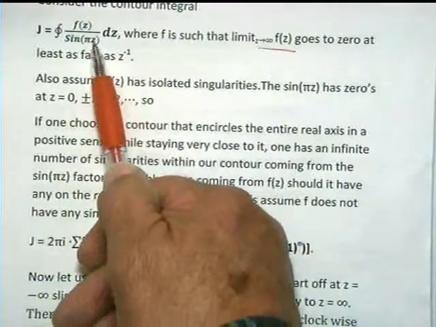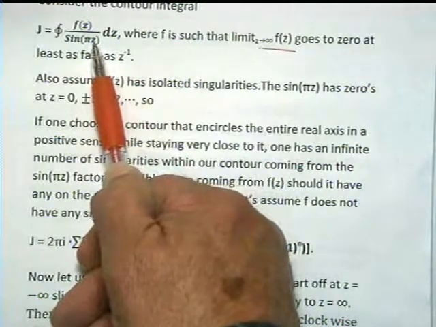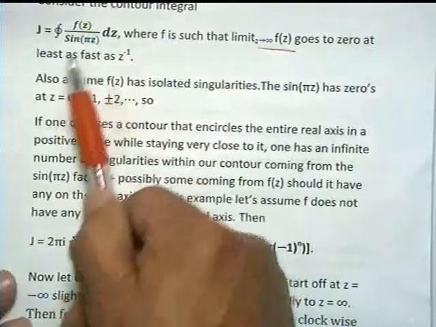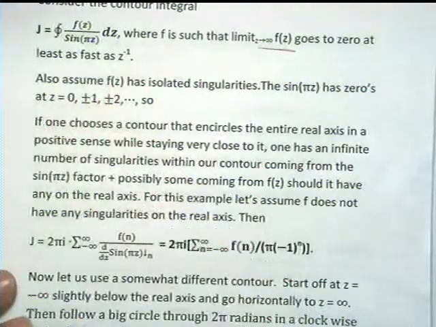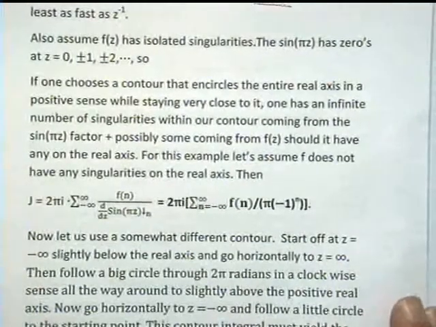Now, we know from looking at the sine of pi z its zeros. Anytime z is an integer, I have the sine of 1 pi, 2 pi, 3 pi, or 0, or minus 1 pi. So at every integer value, I have a singularity, which is good for us. Now we're going to choose a contour to do this integral.